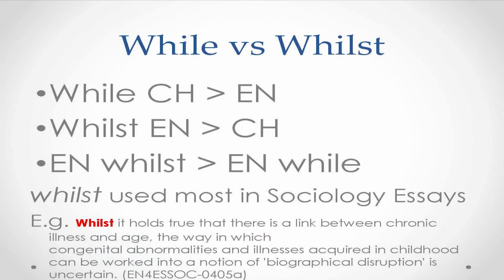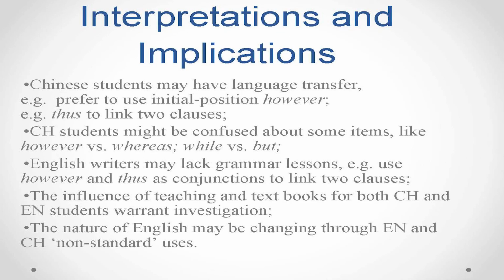And there's a summary. While Chinese students tend to use more while, English students tend to use more whilst, and English students use whilst more than while. And it usually occurs in the sociology essays. There's a summary for just what I said.